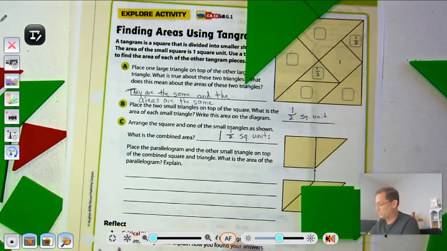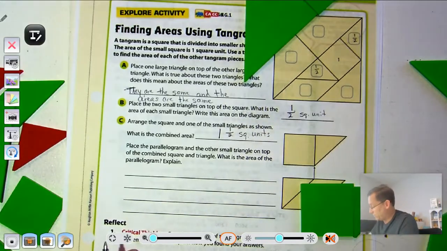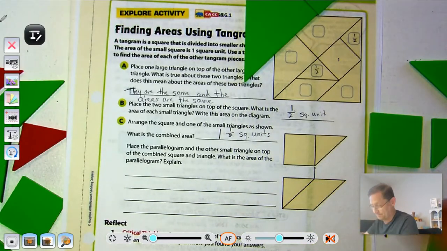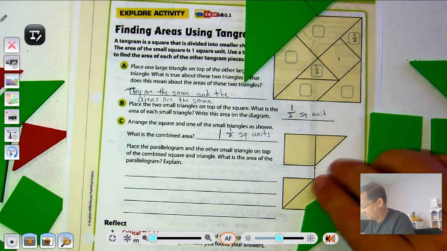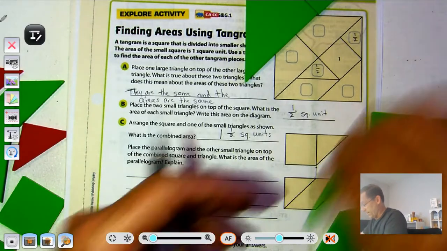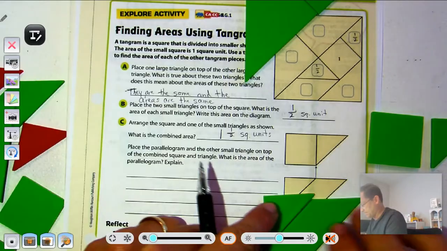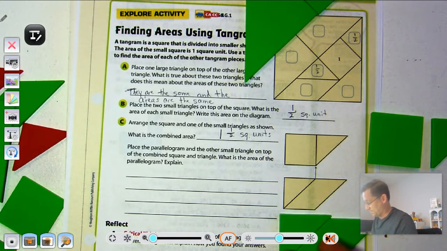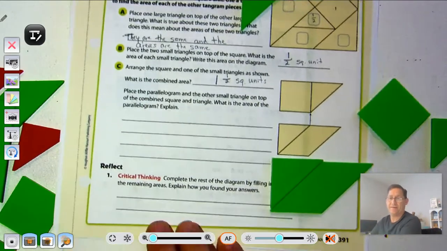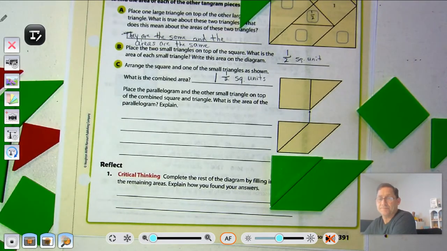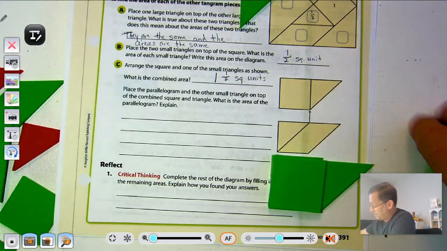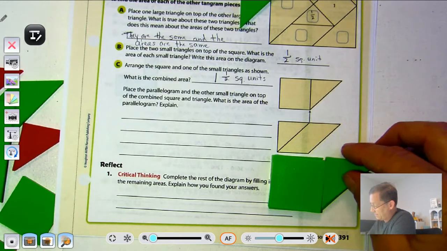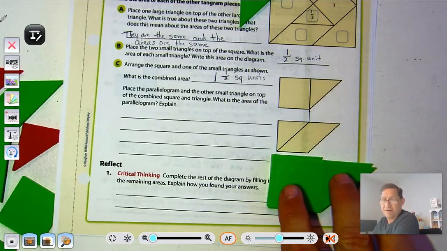All right. Now, what is the area of this parallelogram? Well, let's arrange the parallelogram with one of the small triangles. So we have something like that, on top of the square, they would match again, right?